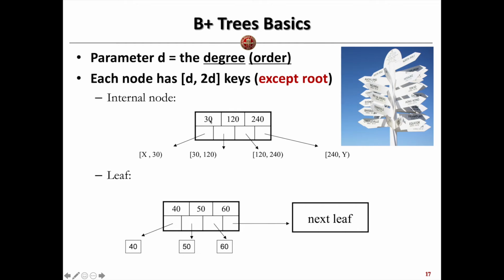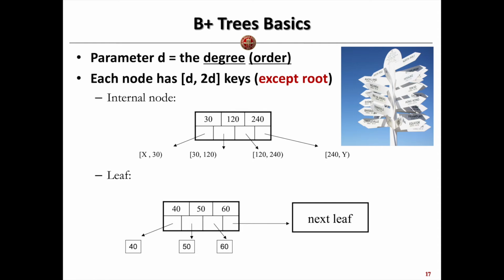You see the key numbers in the node, they are sorted from the left to the right. They are in an increasing order. Right. And in this one, we have three keys. However, we have 4 pointers.